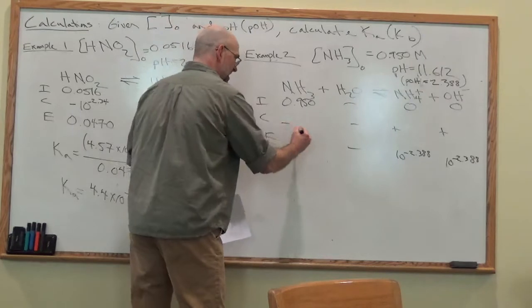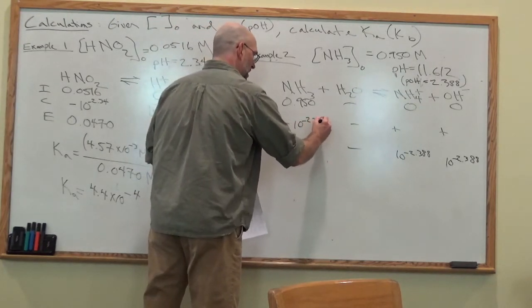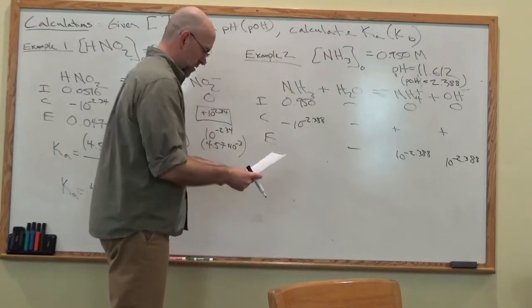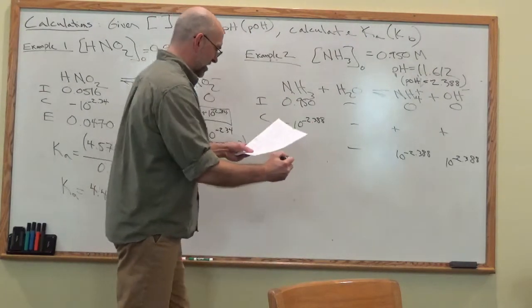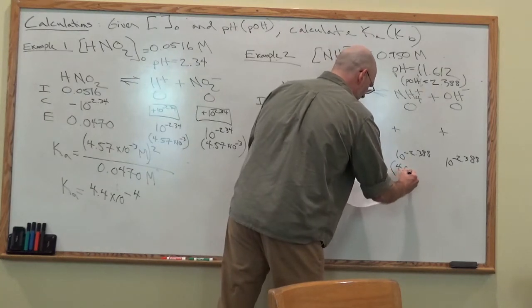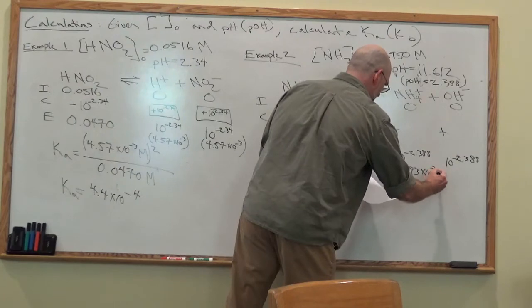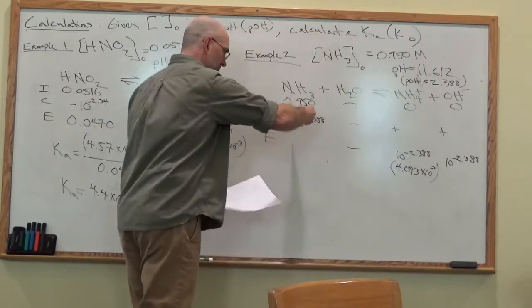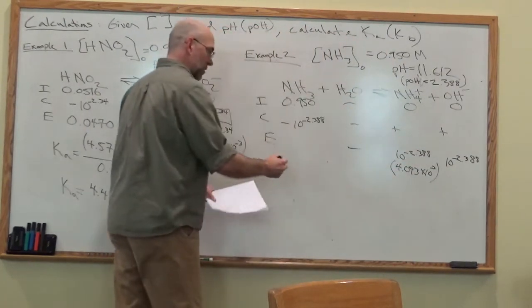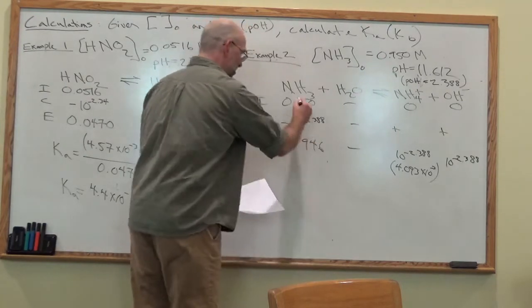This has to go down by 10 to the minus 2.388. You just do all of that math. I'll just give you this one. When you do that, you get 4.093 times 10 to the minus third for all these values. And you end up getting for the equilibrium concentration 0.946. It doesn't go down that much.